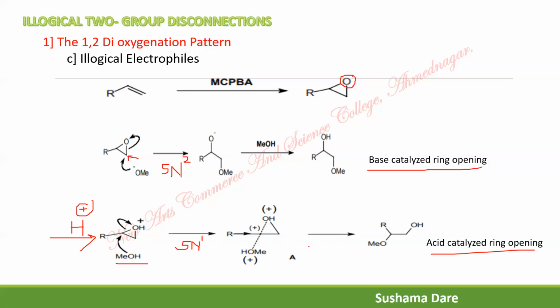Acid catalyzed reaction is always SN1, and here preference is given to the stability of the carbocation. That's why the nucleophile in this case attaches to the hindered carbon. So always remember, in base catalyzed ring opening the nucleophile approaches the less hindered carbon, and in acid catalyzed ring opening the nucleophile approaches the hindered carbon.